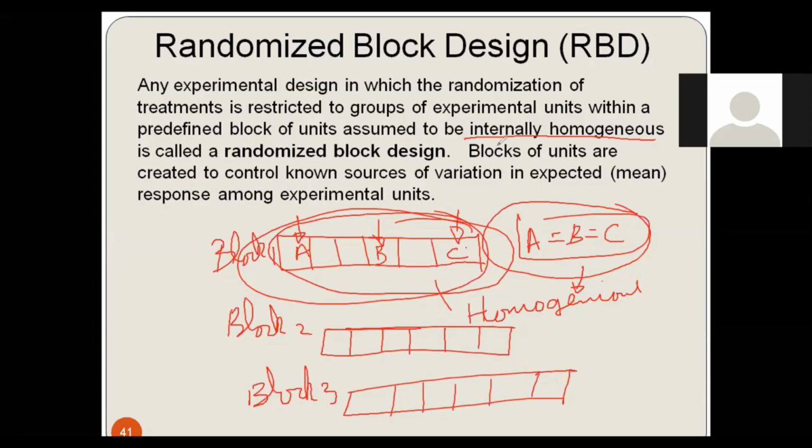But what we expect here is, if you look at all the experimental units, they are in the same condition, which is called homogeneous. So that is what we are expecting.